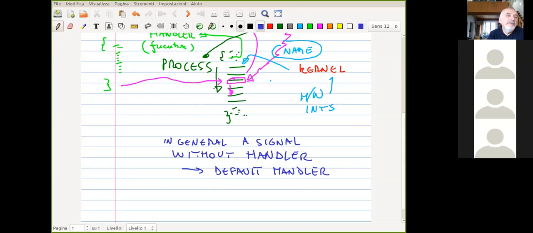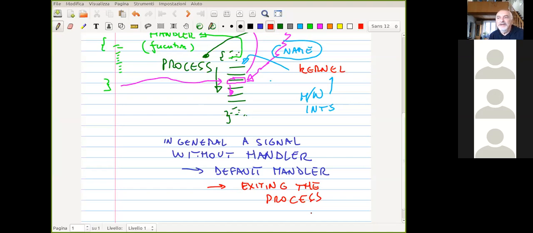The surprising fact is that in general, the default handler is exiting the process. The decision is so dramatic because maybe you have forgotten to decide what to do.